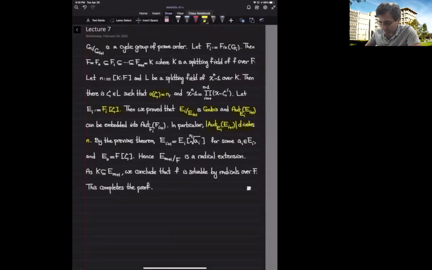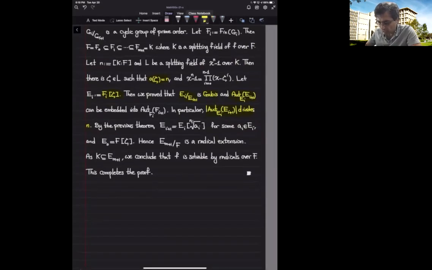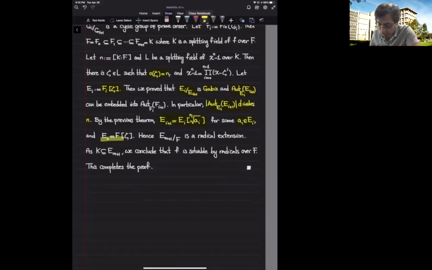Now, because of the result that we proved, we know each one of these intermediate subfields, with the exception of the first one, is a Kummer extension, of the form E sub i joined with some n sub i-th root of some element inside the previous field. And the first one is just a cyclotomic extension, a generalized cyclotomic extension.